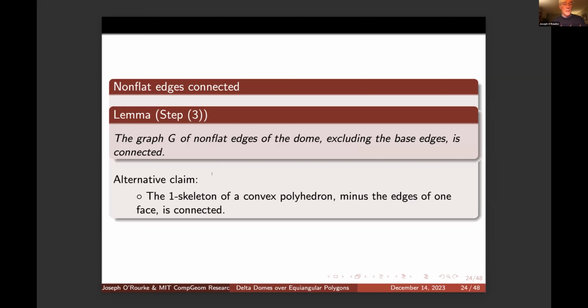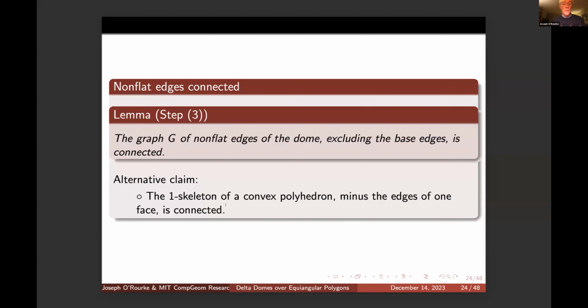I'm not going to prove it, but an alternative way to say it maybe is more convincing. The one skeleton of any convex polyhedron, forget what we're doing with the doming, just take any convex polyhedron, the one skeleton, the graph of the edges and vertices, minus the edges of one face, is connected.